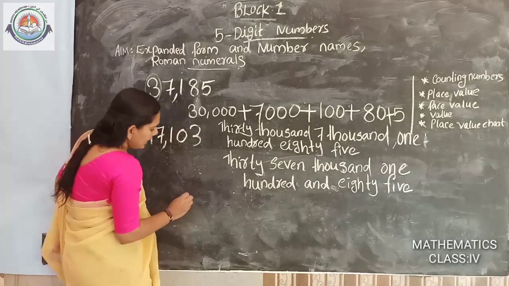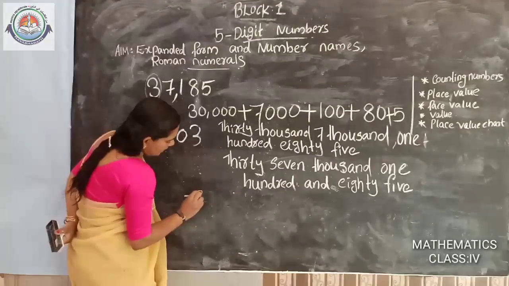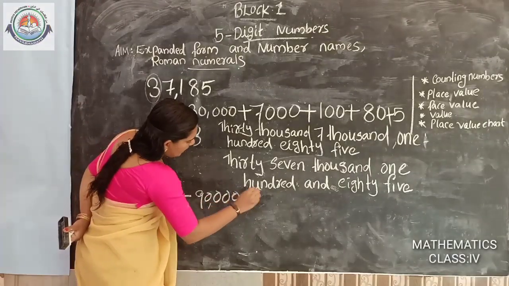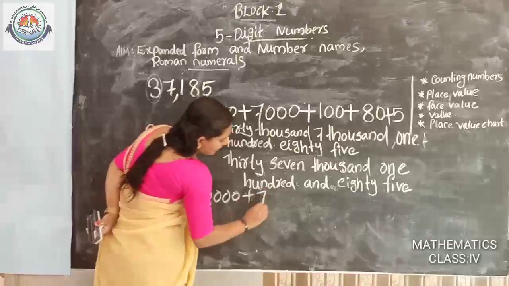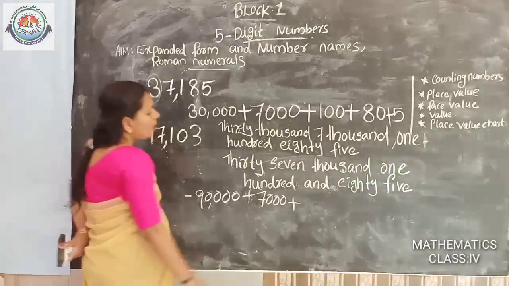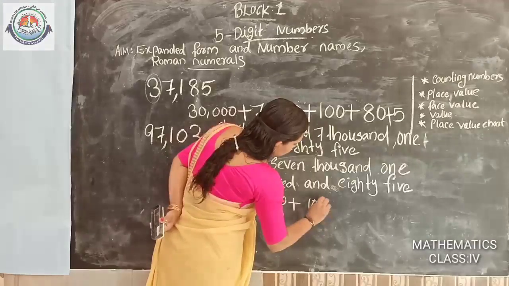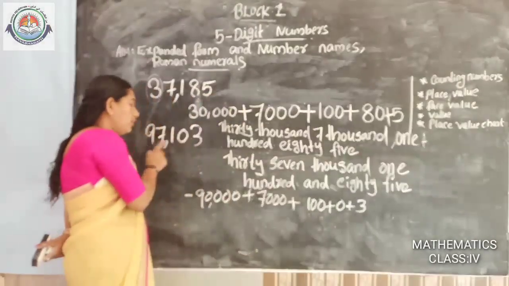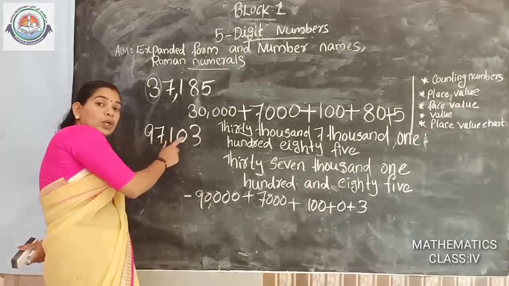In the same way, we find the name of this number, 97103. First we expand the number: 90,000 plus 7,000 plus 100 plus 0 plus 3. This is the expanded form of 97103.